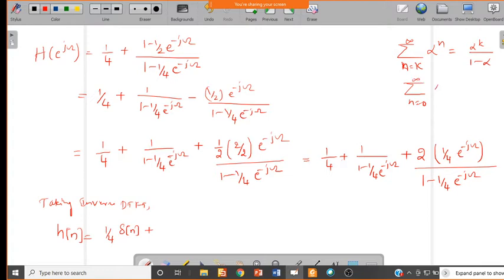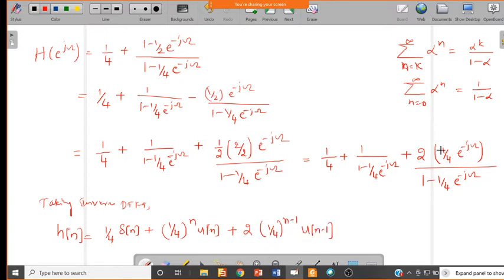n equal to 0 to infinity alpha power n, this is 1 over 1 minus alpha, similar kind of this one. So now you can see here the alpha value is 1 by 4 e power minus j omega. So now you can write that one as 1 by 4 power n into u of n. Okay, so plus this term, 2 into 1 by 4 power n minus 1 into u of n minus 1.